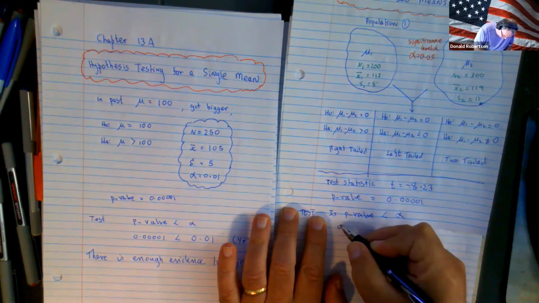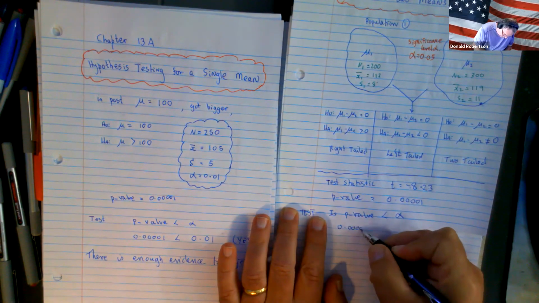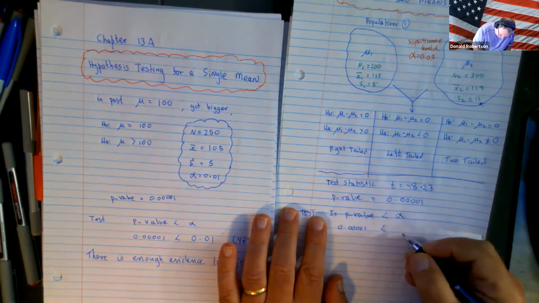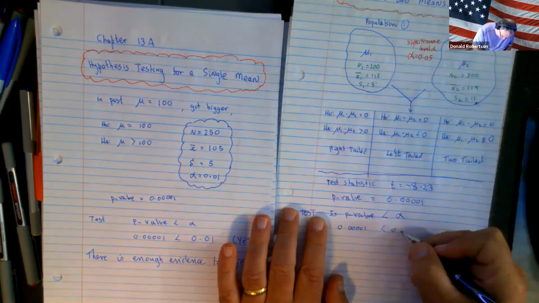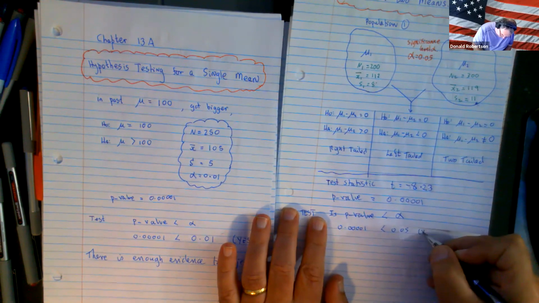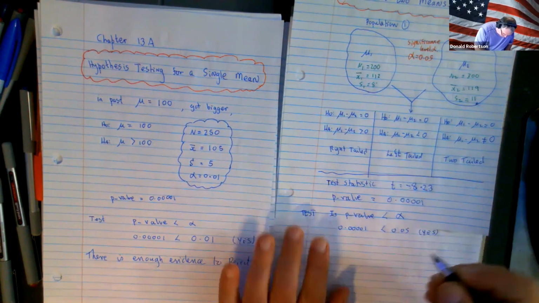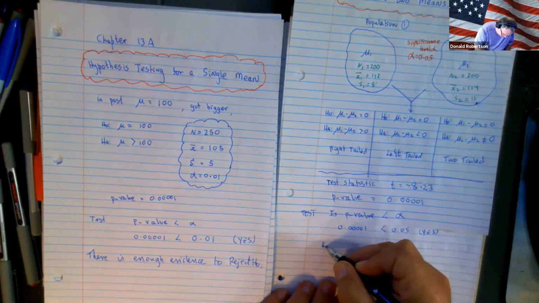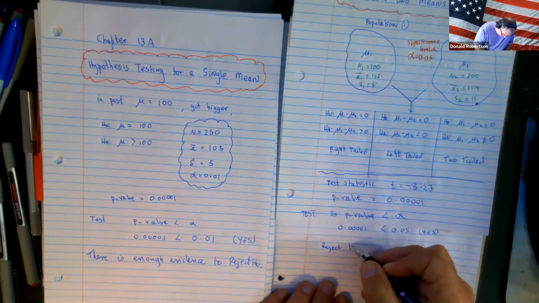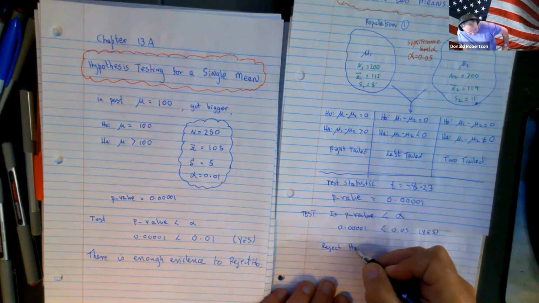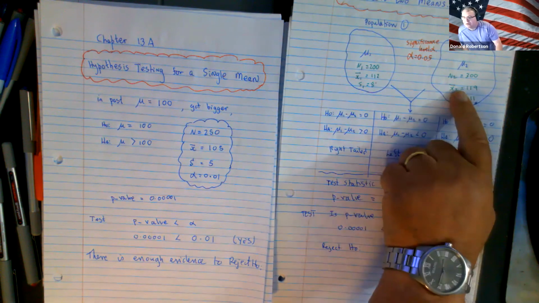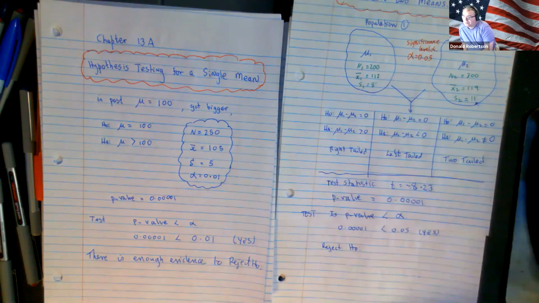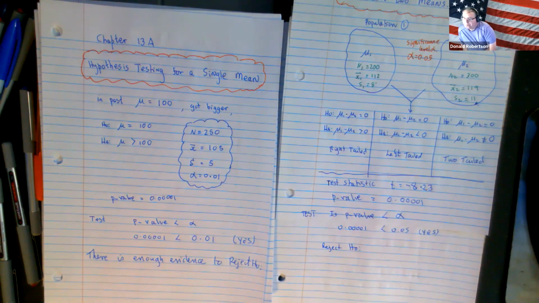Is 0.00001 less than 0.05? Since the answer is yes, we will reject H naught. And won't we say something along the lines of, there's significant evidence to prove that Scotsmen are heavier on average than Americans. And the story is done. You're finished.